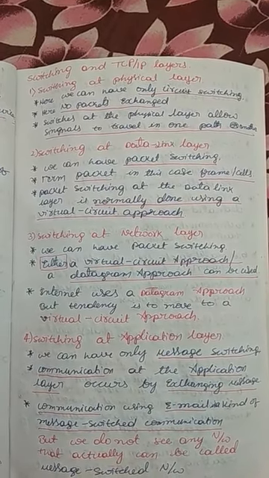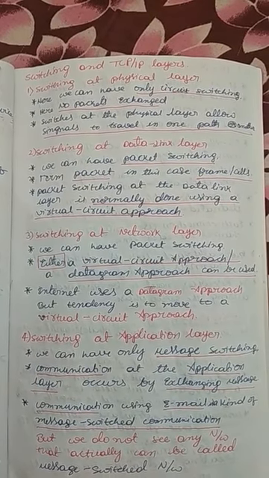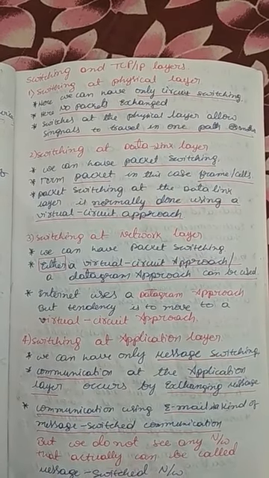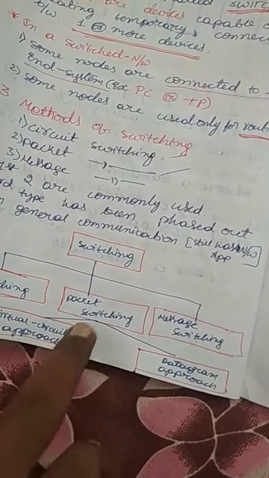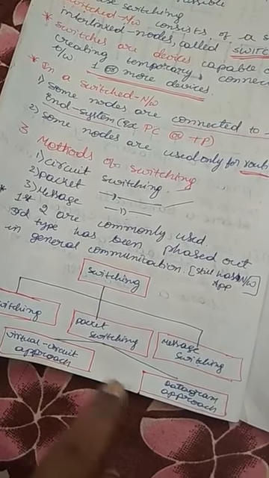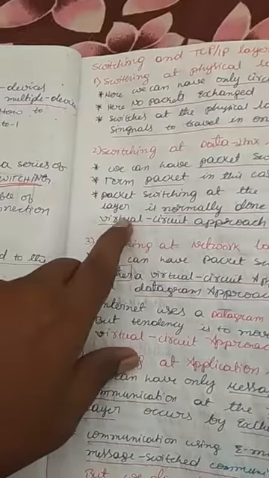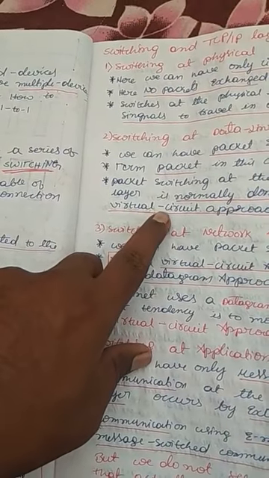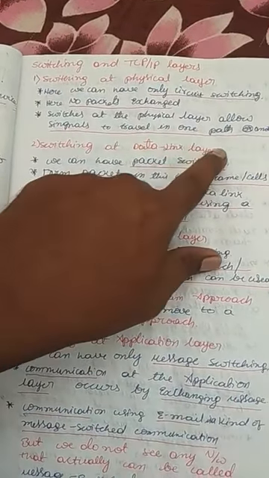Packet switching at the data link layer is normally done using a virtual circuit approach. I told you there are two approaches in packet switching: virtual circuit and datagram. Here we use the virtual circuit approach.